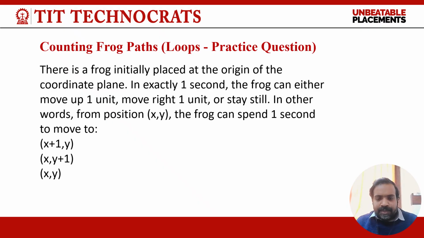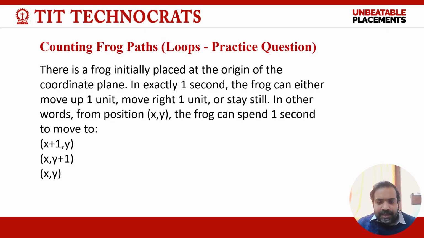In exactly 1 second, the frog can either move up 1 unit, move right 1 unit, or stay still. In simple words, we have a frog initially placed at the origin of the coordinate plane, and the origin will be 0, 0, as we all know.